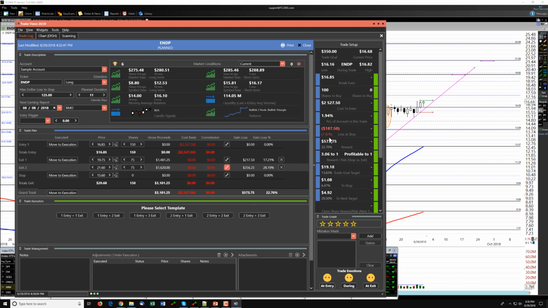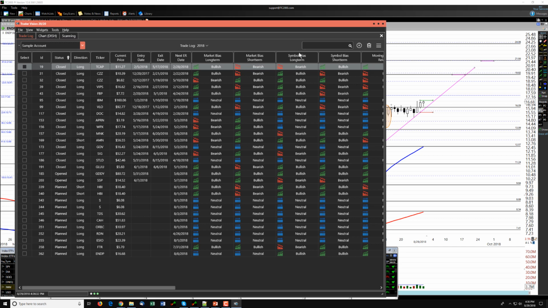So basically we're risking $187 for the chance to make at the first target 435, and overall if you made both targets, 573.75. So that seems like a very reasonable trade to me, and one that I would not be surprised to see again perhaps tomorrow. But that's a nice trade setup. Just wish I had a signal, but I like the action as it is.